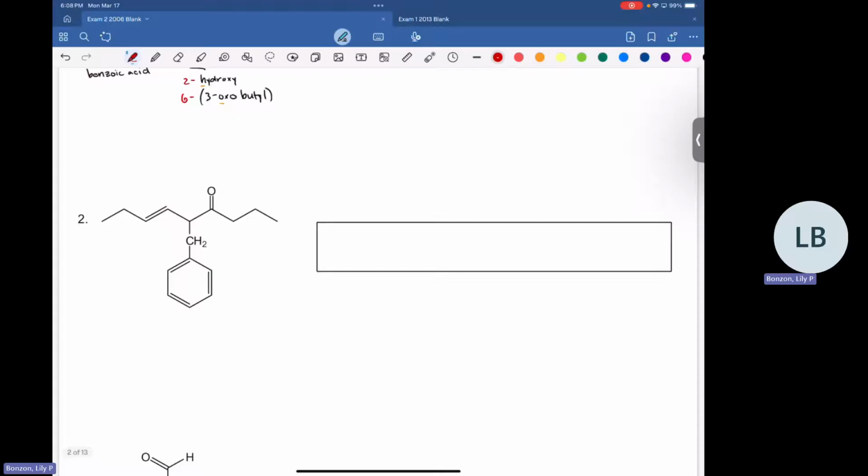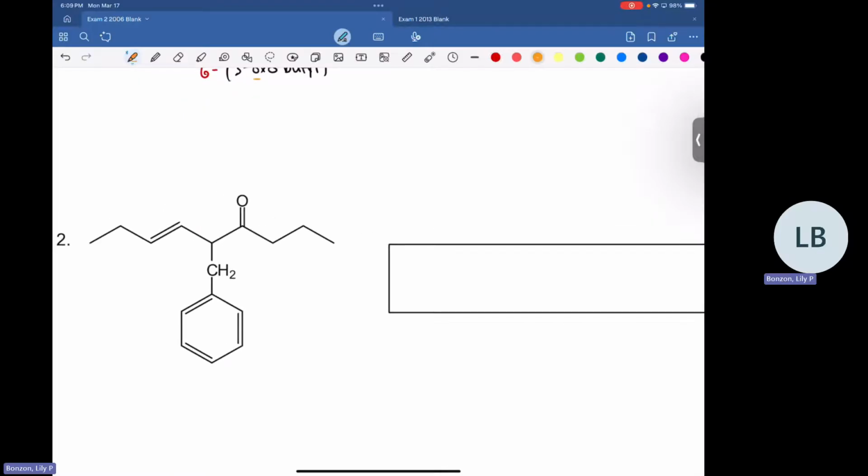All right, so this next one, we have an example of what I was talking about with the phenyl versus the benzyl, so we'll get to that. In this case, we have to number the carbons on that chain to see if it's longer than a benzene. If the linear chain is longer than our benzene, we're going to use that as our main chain, and then the benzene would be a substituent.